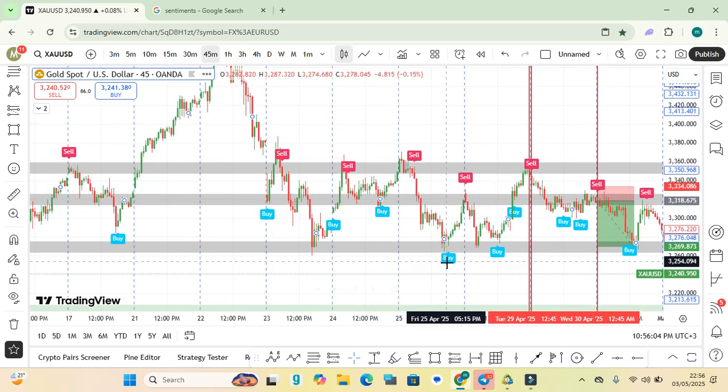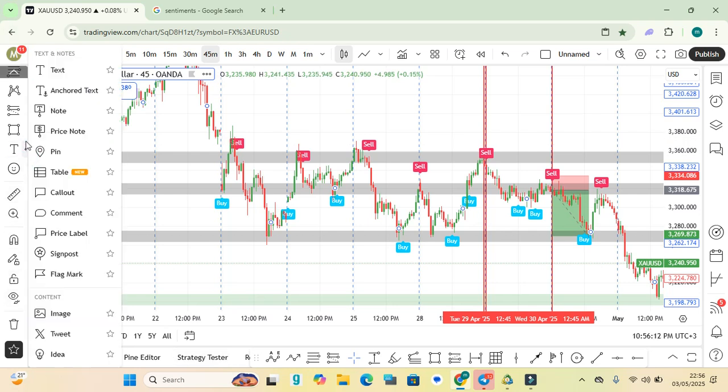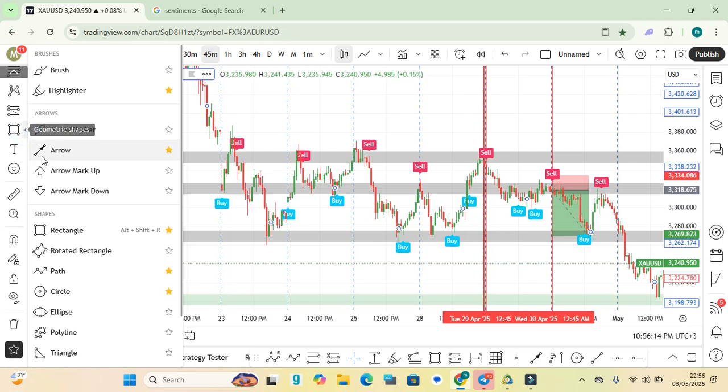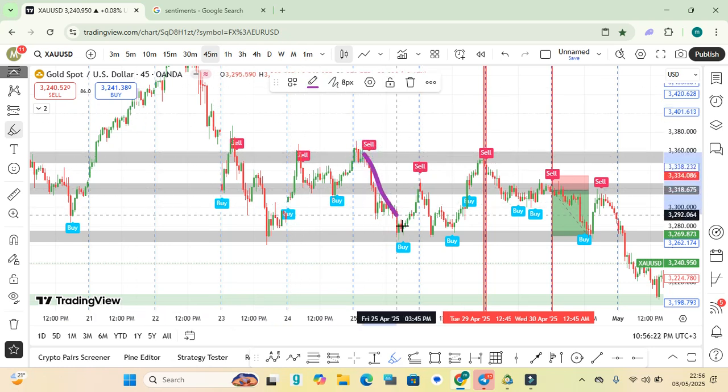So price broke below. Let me show you guys something. It's good to put this information to you so that it can help you when you're trading. I'm trying to look for the brush highlighter. So look here, this leg, we use it to confirm if we are going to use this level.